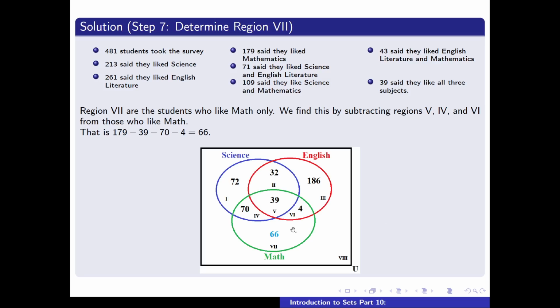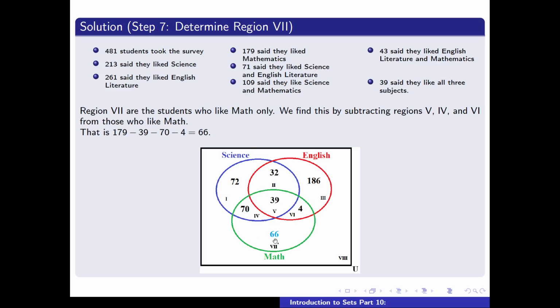And now another region, moving on to 7, in like fashion, is the number of students that liked only math. We know that 179 respondents said they liked mathematics. And mathematics consists of the regions 4, 5, 6, and 7. So the sum of all 4 of these has to give us 179.